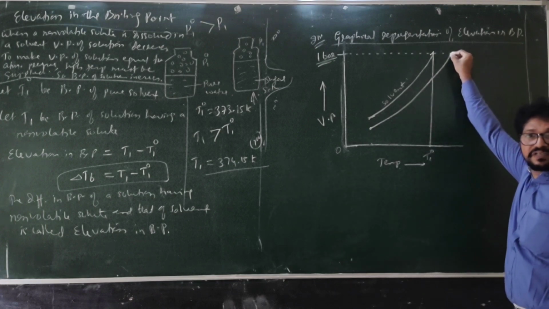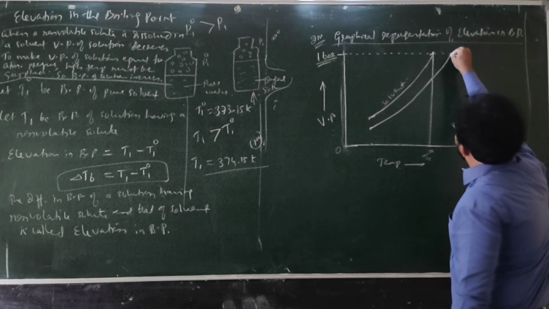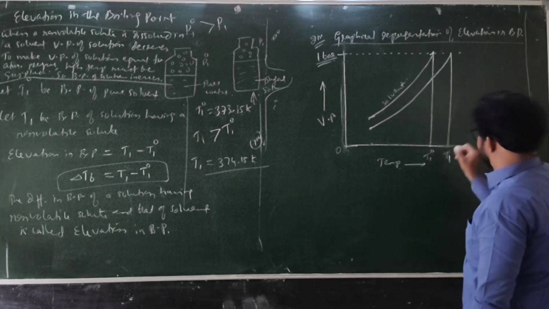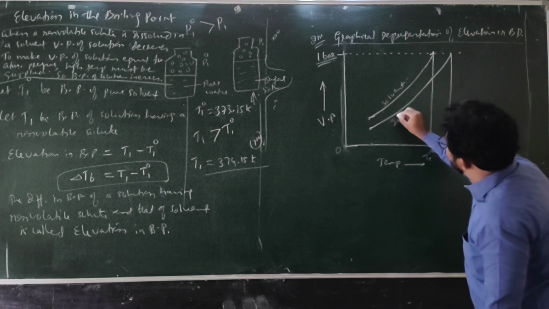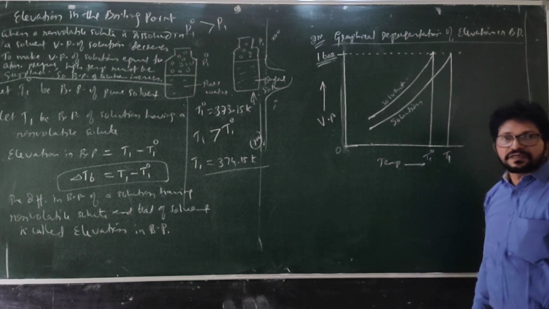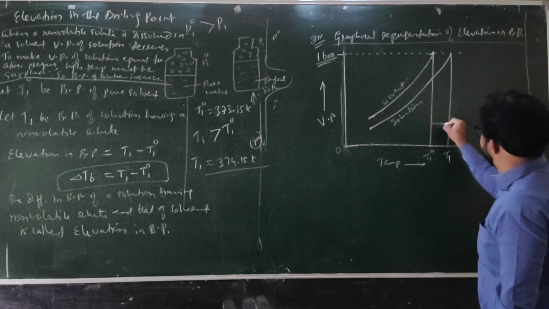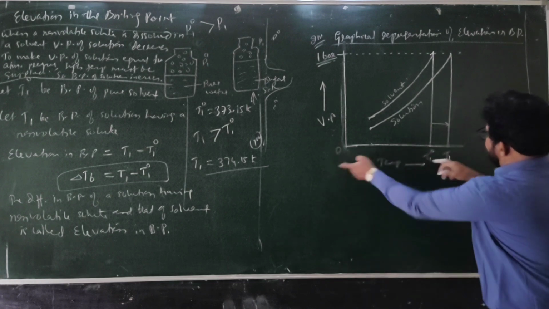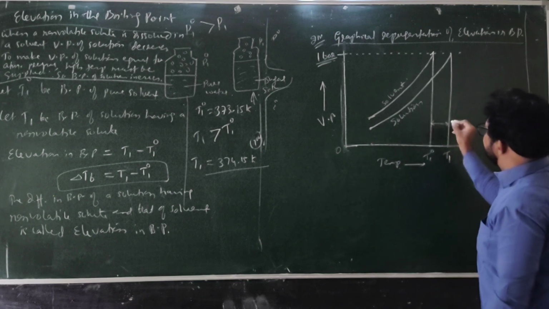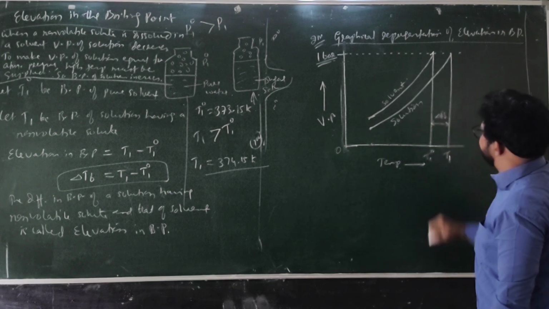Yes, now it will reach 1 bar and come to the temperature line. This is T1, and this is the solution. And what is delta Tb? T1 higher minus T1 naught. This is delta Tb.